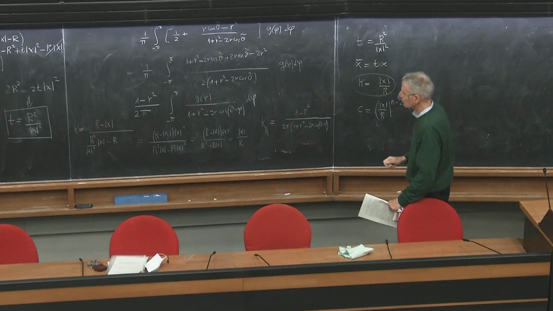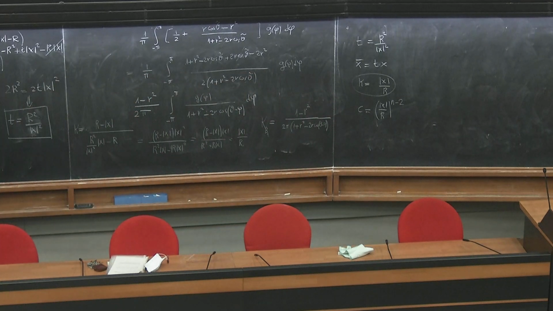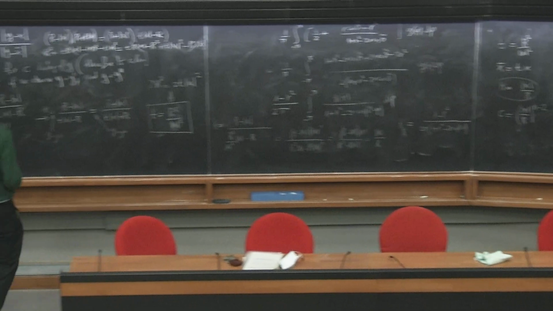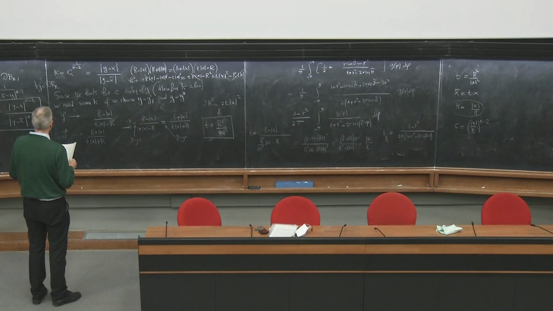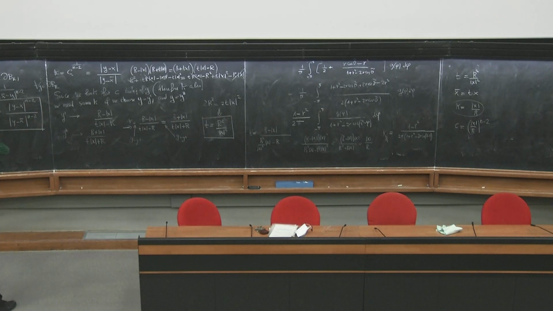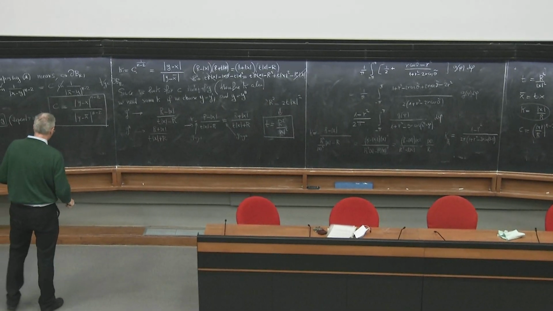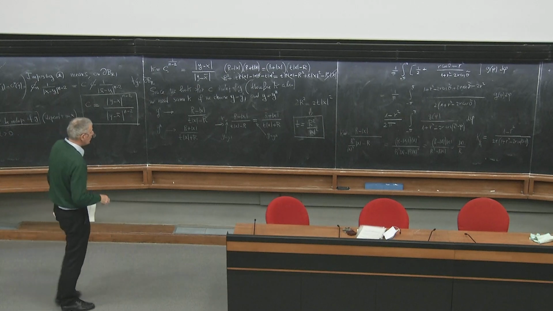R over x. So maybe I made a mistake here. K was 1 minus x. Because what did I do? I noted it's here, I called the C and 1 over C.